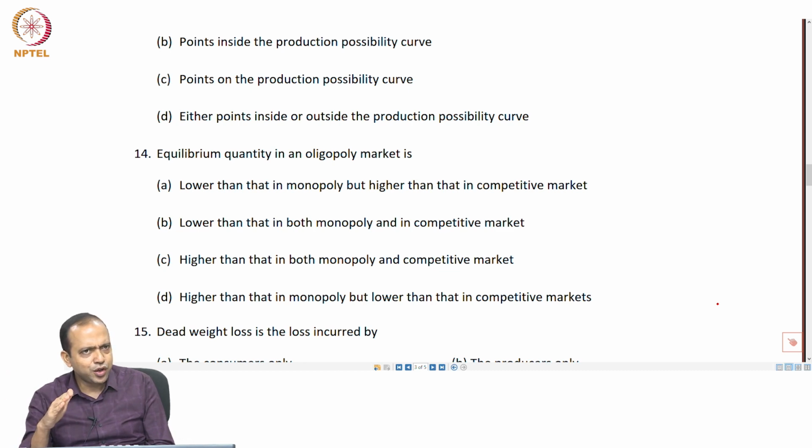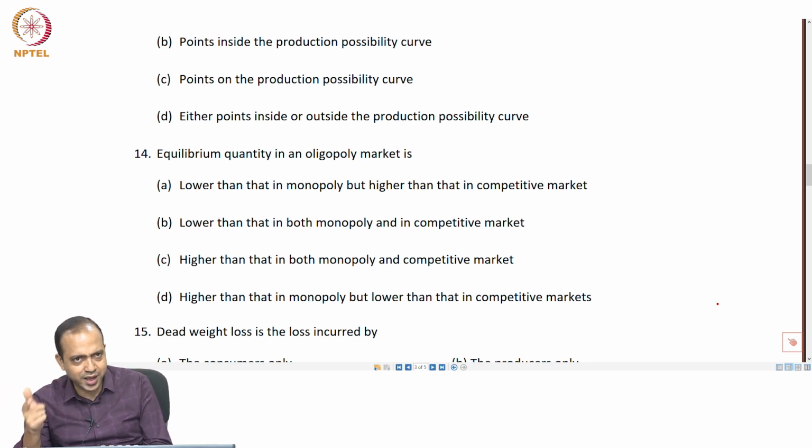In a perfectly competitive market, the firm is a price taker, the number of firms is infinite, and therefore, as we have mentioned earlier, a perfectly competitive market maximizes social welfare, and the equilibrium quantity is the maximum in a competitive market. Now, oligopoly is in between monopoly and competition.